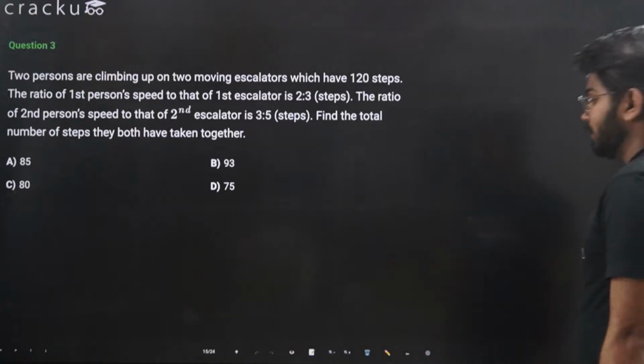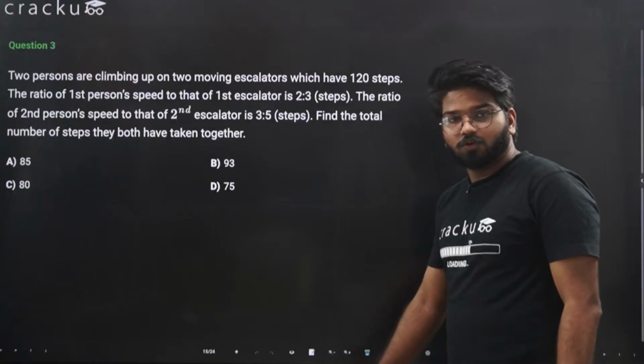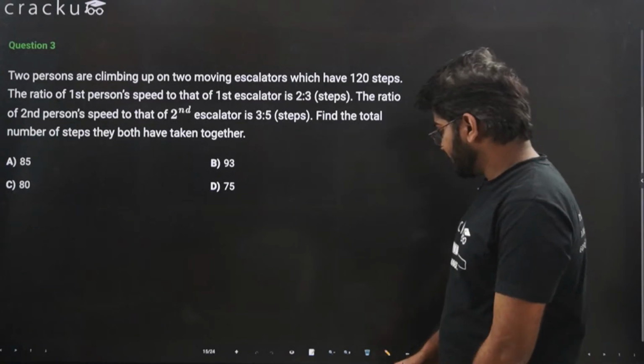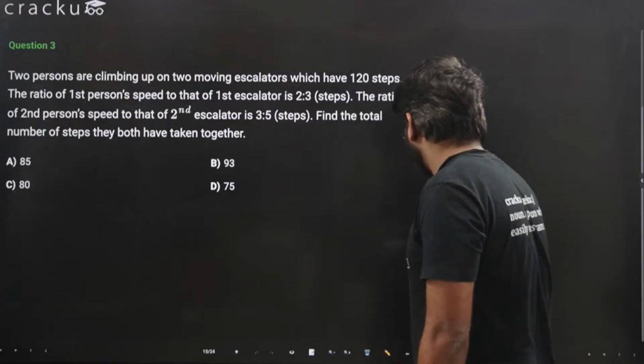Okay. I think that many of you were able to solve this. It's just you need to understand one relation.